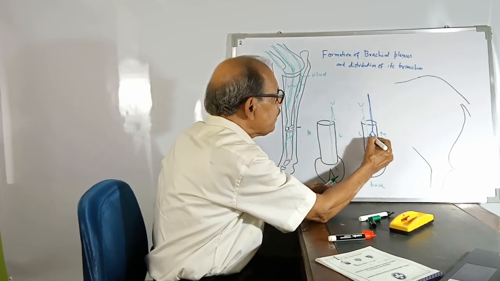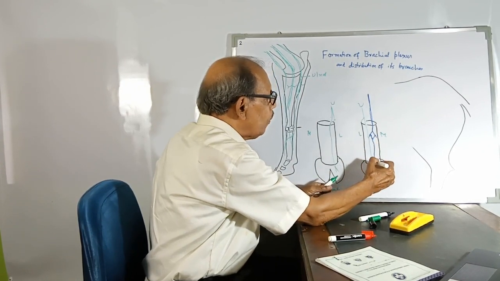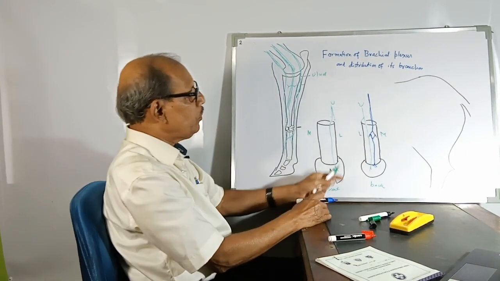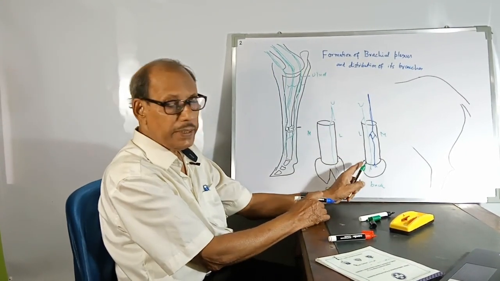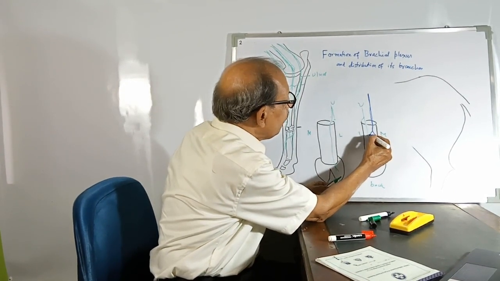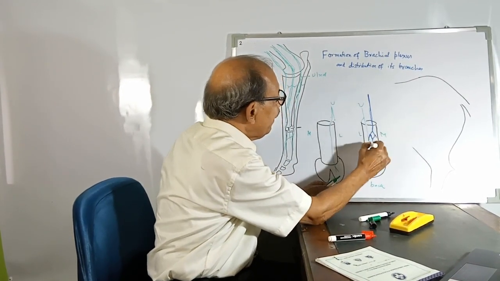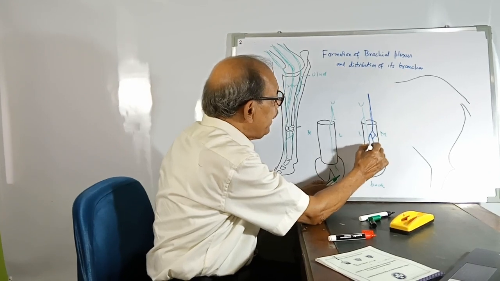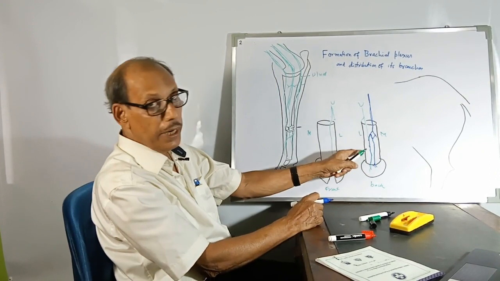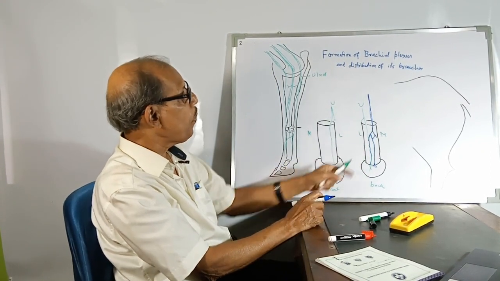So axial branches will join together and will go along the length, along the midline. This will form the posterior common axial digital nerve. And this lateral branch will join with this ulnar. So combinedly, this nerve is forming the posterior lateral abaxial digital nerve.